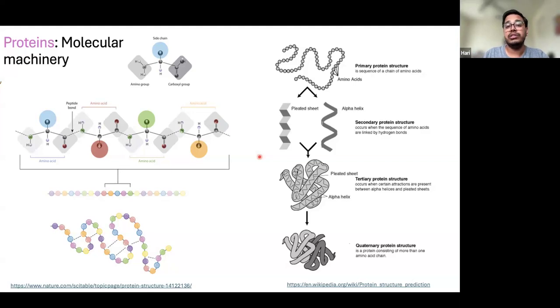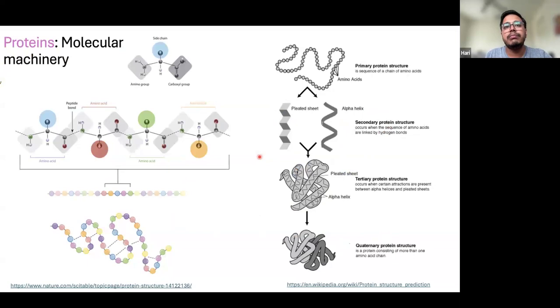But we also have proteins that can catalyze different biochemical reactions, which are known as enzymes. For example, we have trypsin or hemoglobin, or proteins like that, that can carry out different biochemical reactions in the body or in the living cells.